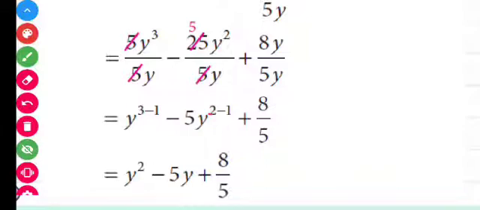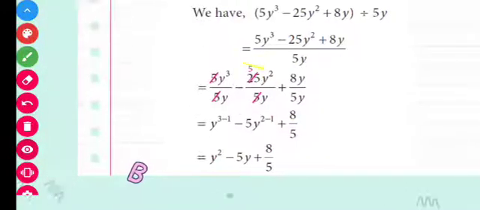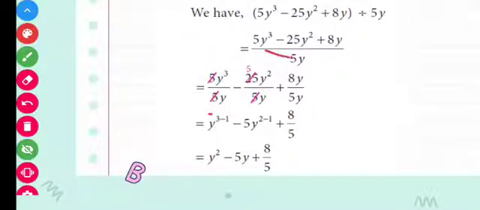We'll write this 5y under each separate term of the numerator: 5y cube by 5y, 25y square by 5y, and 8y by 5y. We have to split this 5y into 3 parts. Again, like we have seen before, we are dividing 2 monomials here. In the same way you have to divide.